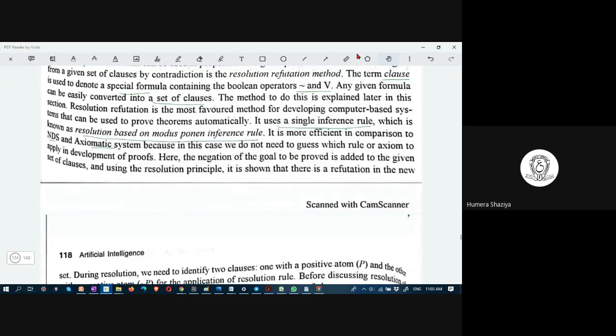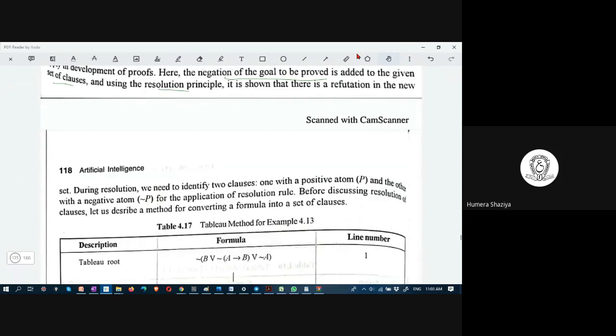Therefore, if the negation of the goal is to be proved, that is proved by contradiction, the set of clauses using the resolution principle, there is a refutation in the new set. During resolution, we need to identify two clauses, one with a positive atom and another with a negative atom. And the resolution rule is applied.